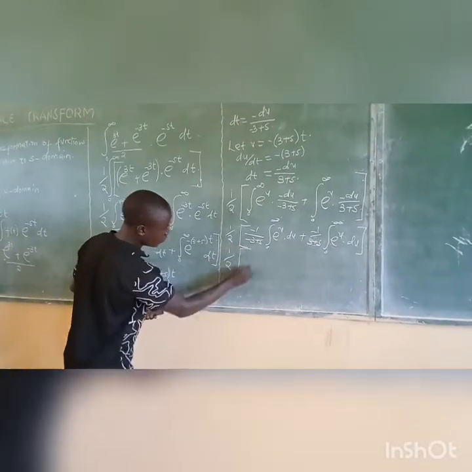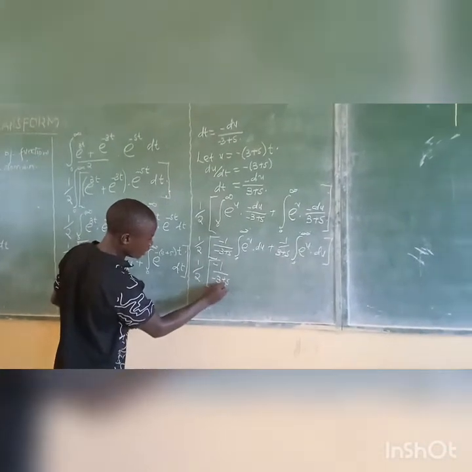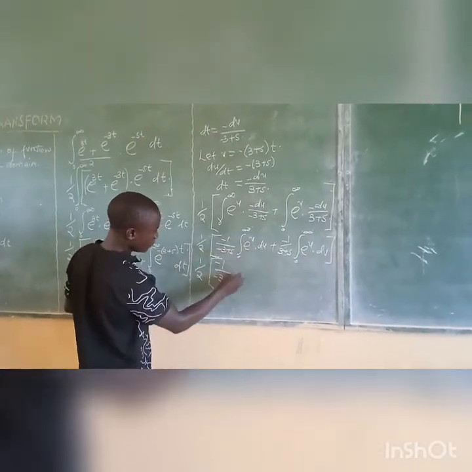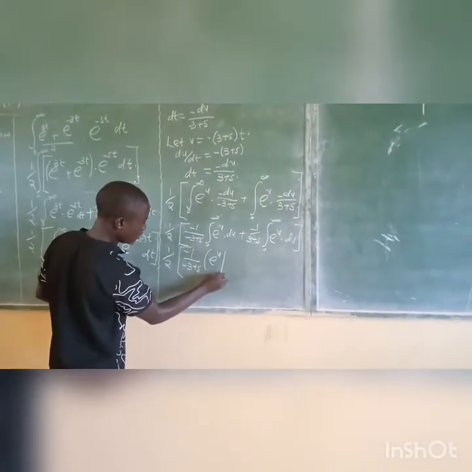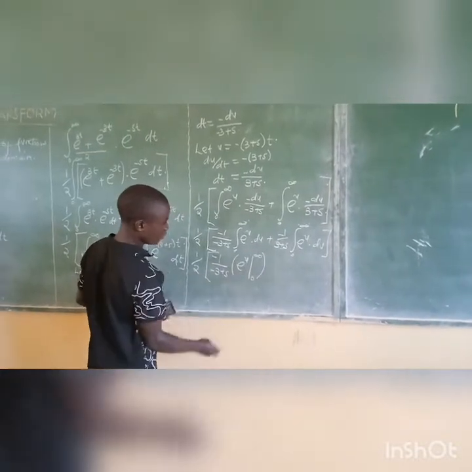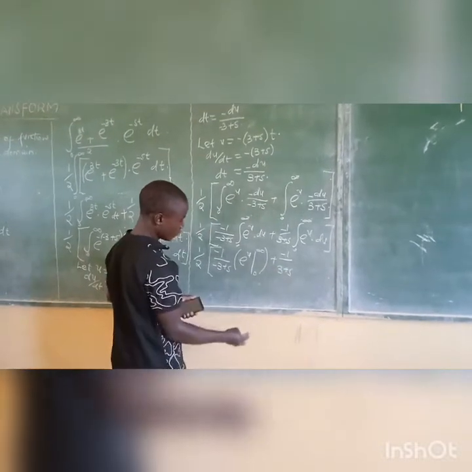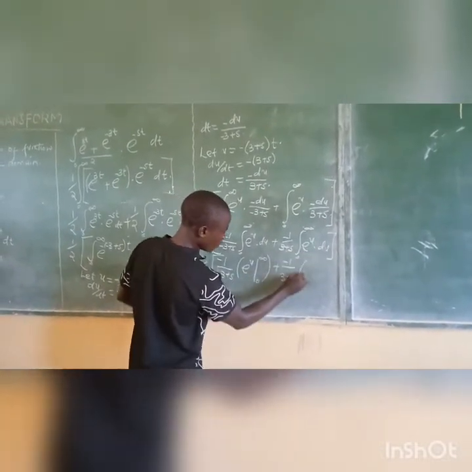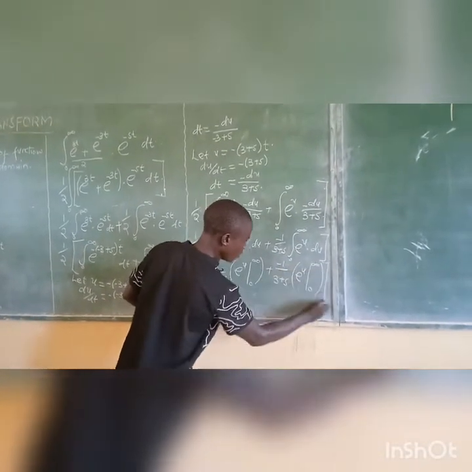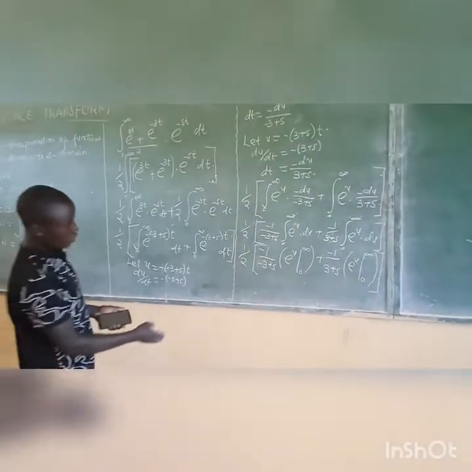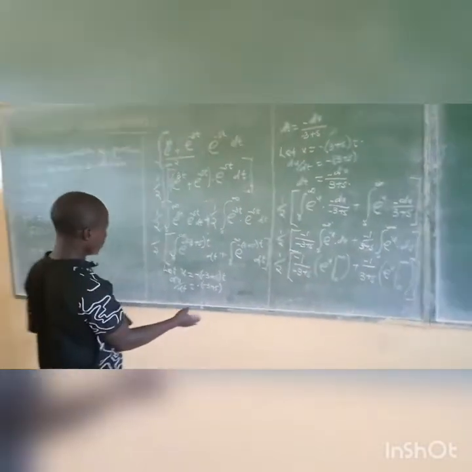A half into negative 1 over negative 3 plus s by exponential u after integrating, limits 0 to infinity, then plus negative 1 over 3 plus s, exponential u with limits 0 to infinity. Now this u, you come and replace with its values.